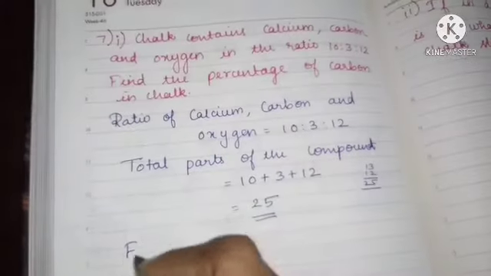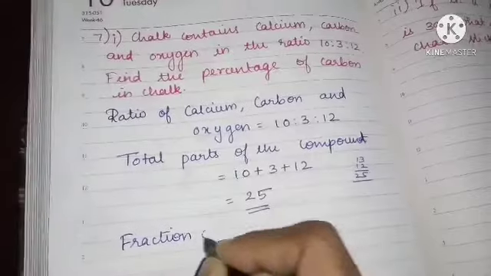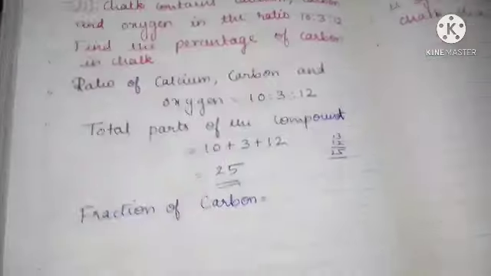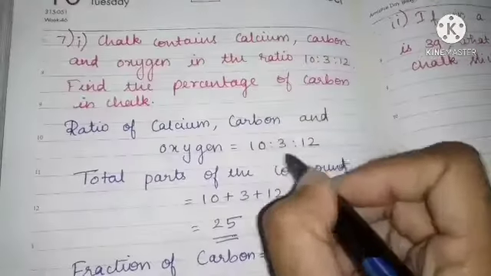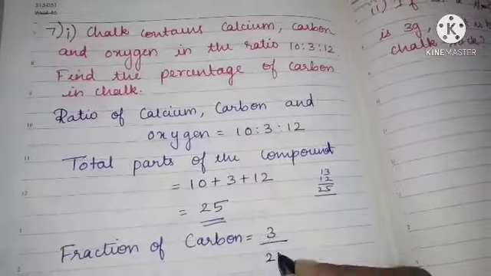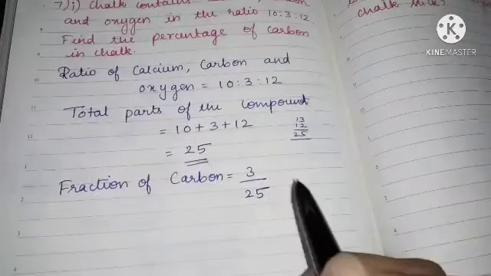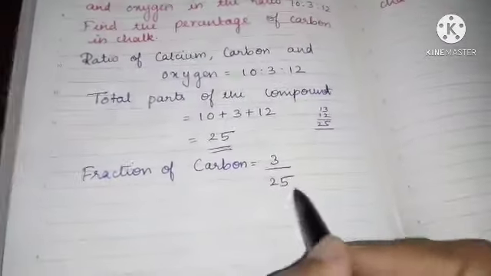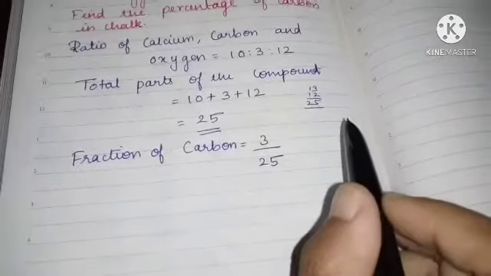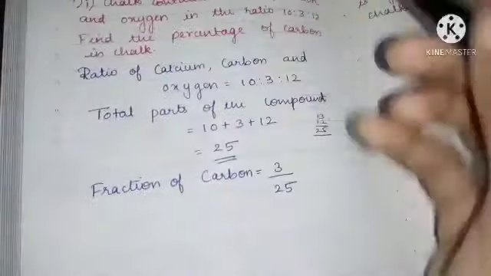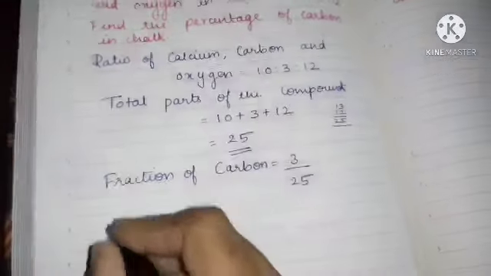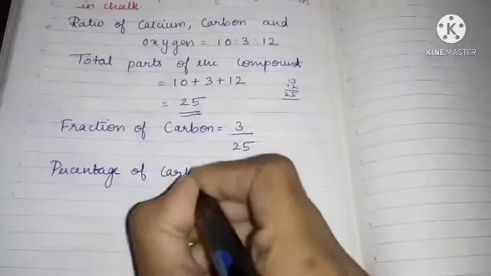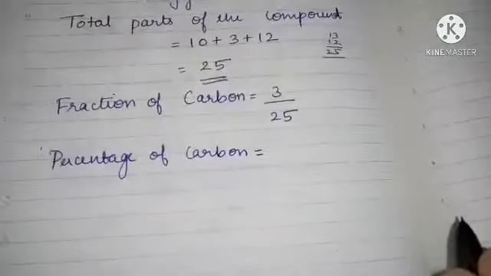So what is the fraction of carbon? How you will write the fraction of carbon? So carbon ratio is 3 divided by 25, because out of this 25 total parts, there will be 3 parts of carbon. That is the meaning. Now first we have found the fraction. Now we should find the percentage of carbon.